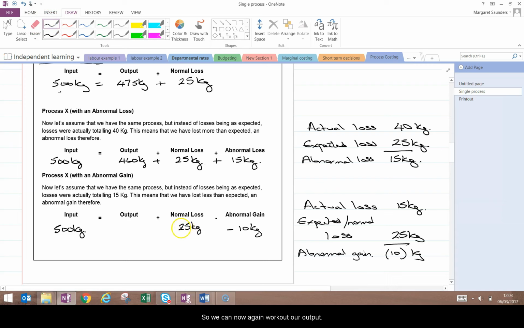So we can now again work out our output. Needs to add up to 500 kilos. We've got 25 minus 10 gives us 15, so it means our output must be 485. So 485 plus 25 minus 10 comes to 500.